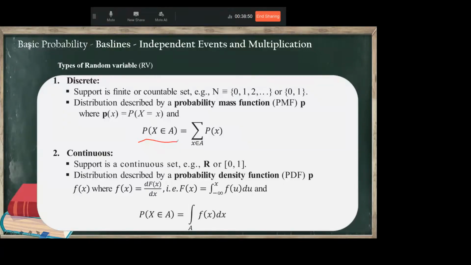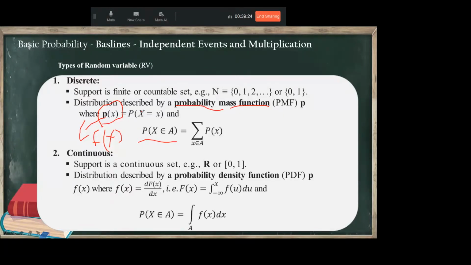So I can draw the probability mass function, and we can denote it with p of x. Some also denote it with f of x. You can do both, where capital X equals small x, and x belongs to A, which is the sum of probabilities of x. We will take a deeper look into that later on.